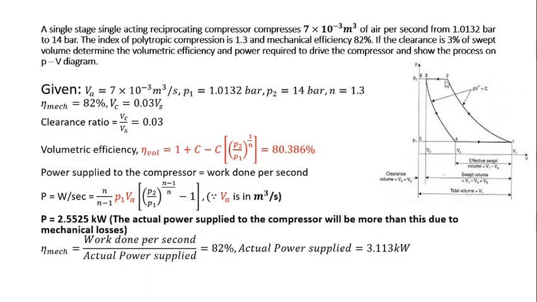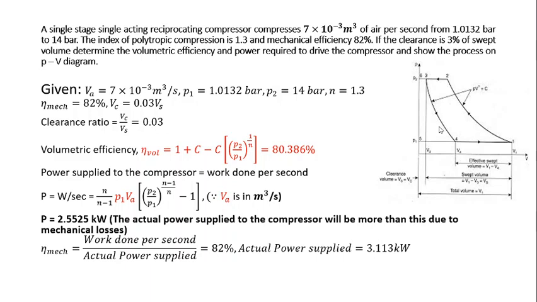What will be the volume at point 2? We can apply the polytropic equation, that is PV raised to n. P1 V1 raised to 1.3 is equal to P2 V2 raised to 1.3. So P1 is given, P2 is given and V1 is also given. The only unknown is V2. We can find it. Similarly, we can find V4.